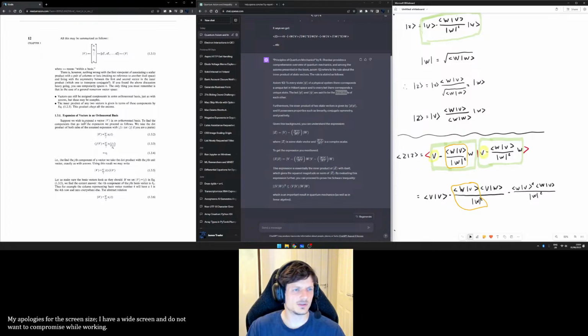Then we've got this: suppose we wish to expand a vector in an orthonormal basis. To find the components that go into the expansion, we proceed as follows. We take the dot product of both sides of the assumed expansion with J, or bra J if you're a purist.